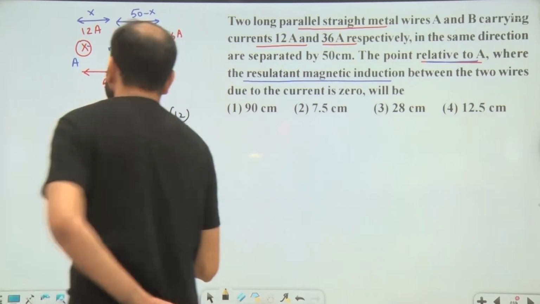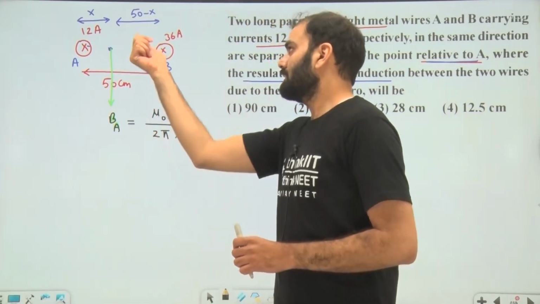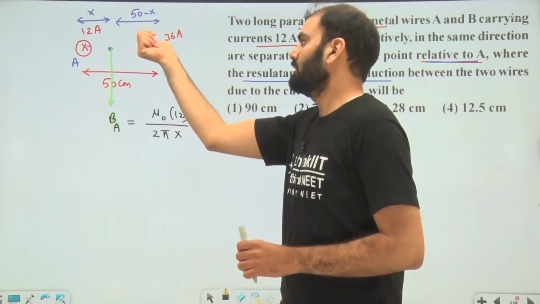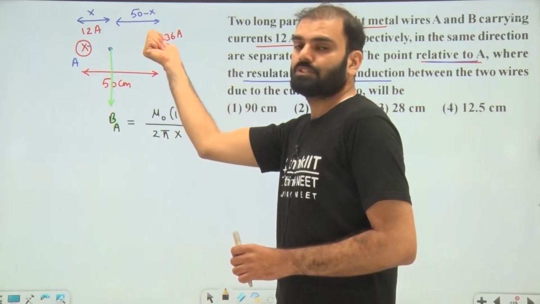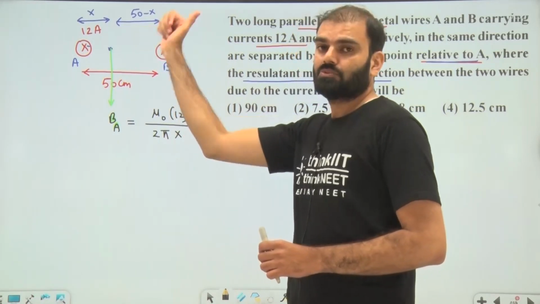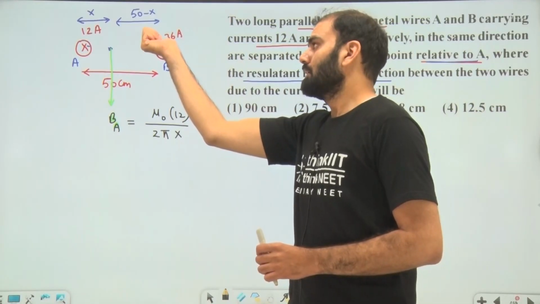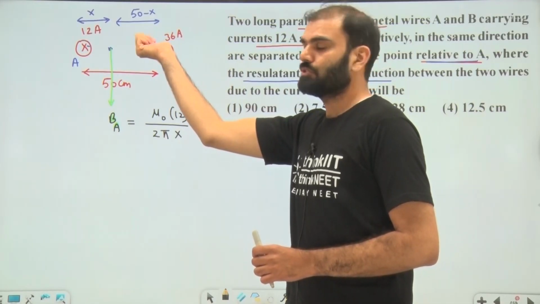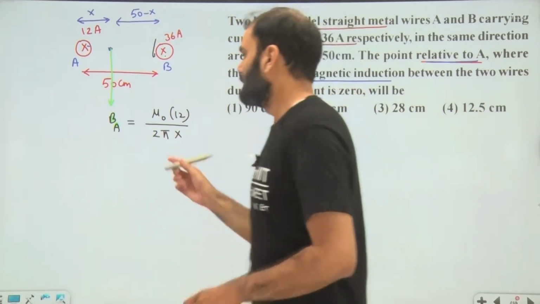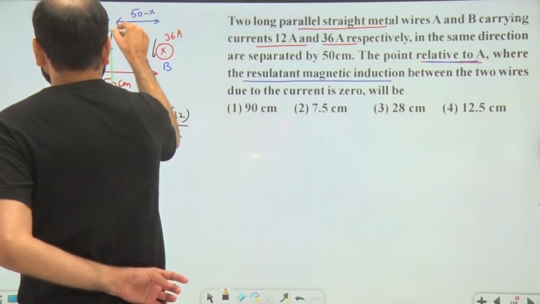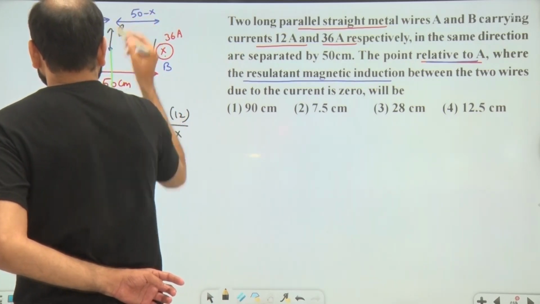Again use the right hand palm rule: the direction of current is inward, so place your thumb inward and spread your fingers towards the point where you have to calculate the magnetic field. The direction of the palm is the direction of the magnetic field at that point, so the field due to B will be in this direction.